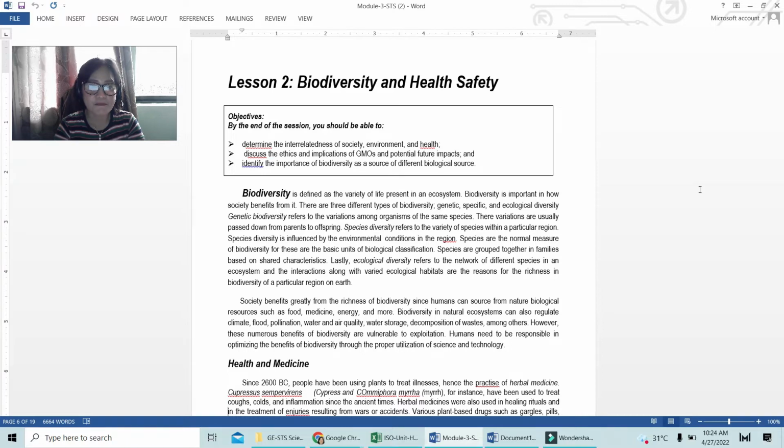Society benefits greatly from the richness of biodiversity, since humans can source biological resources from nature. Let's say for example, the farmers, the agriculture sectors, provide food. The medical sectors provide us medicine, vitamins, and anything that would heal or give us a healthy body and mind.